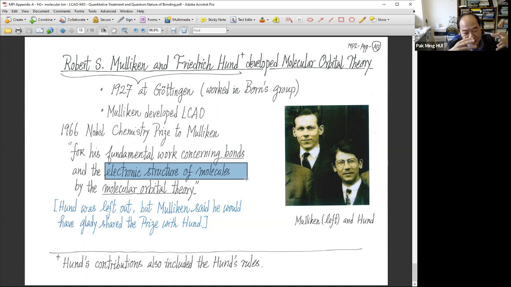The formal name is, you understand the wave function of electrons, that is called electron structure of molecules, by the molecular orbital theory, okay? Somehow, Hund was still alive at that time, but he was not awarded the prize. And Mulliken at that time actually said he would be very glad if the prize was shared with Hund.